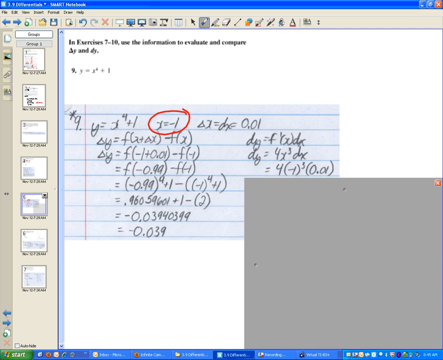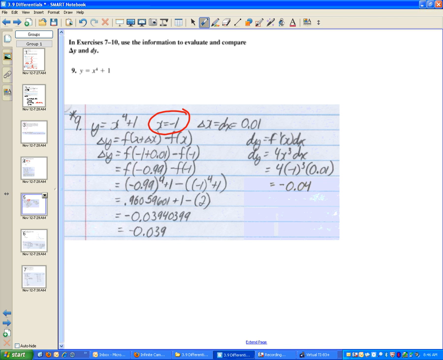So you'll get a negative, and then what's 4 times 0.01? Yeah, 0.04. Is negative 0.04 fairly close to negative 0.039? Yeah.